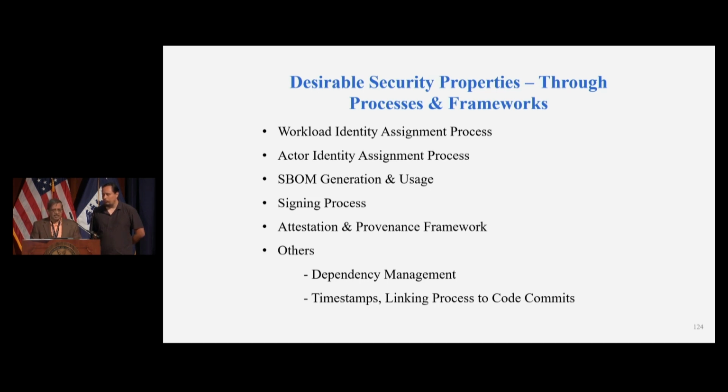And then specifically with respect to software supply chain, we do have specific processes like SBOM generation, and then the signing process and so on. And then the whole concept of the attestation and provenance framework, which incorporates all these processes, the SBOM and the signing processes and so on. In addition to that, there are other processes like dependency management and timestamps and so on.